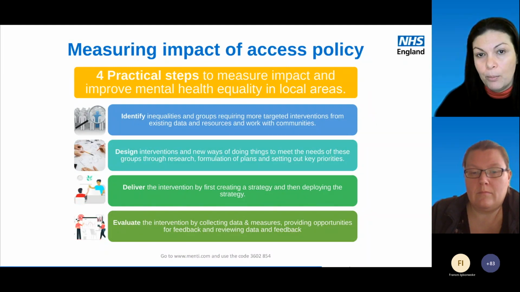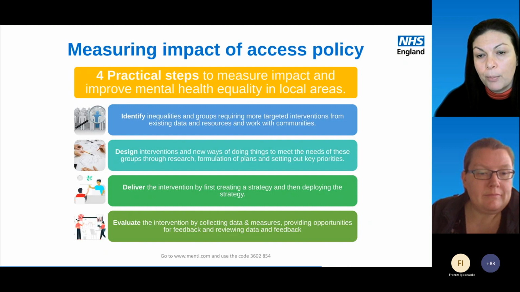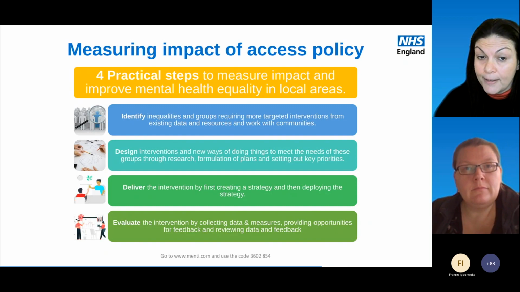So how do we measure the impact of the access policy? So some practical steps are identifying inequalities and groups requiring more targeted interventions from existing data, as we showed you earlier, but also from work with communities. Designing interventions and new ways of doing things to meet the needs of specific groups. Also formulating plans and setting out key priorities.